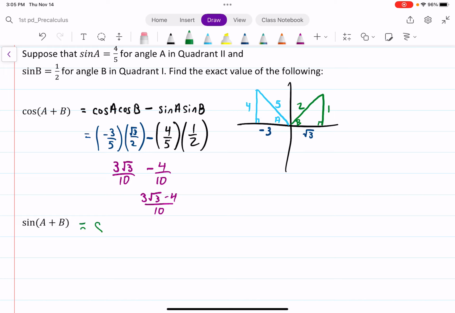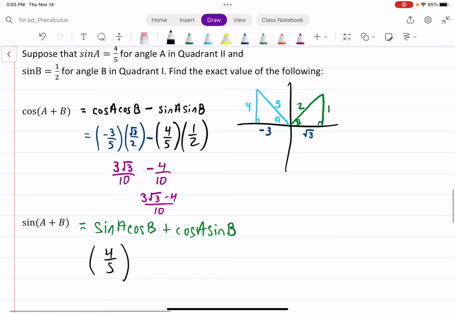Okay, now if we did the same one for sine, well, sine is sine, cosine, cosine, sine. All right, sine of A is 4/5.